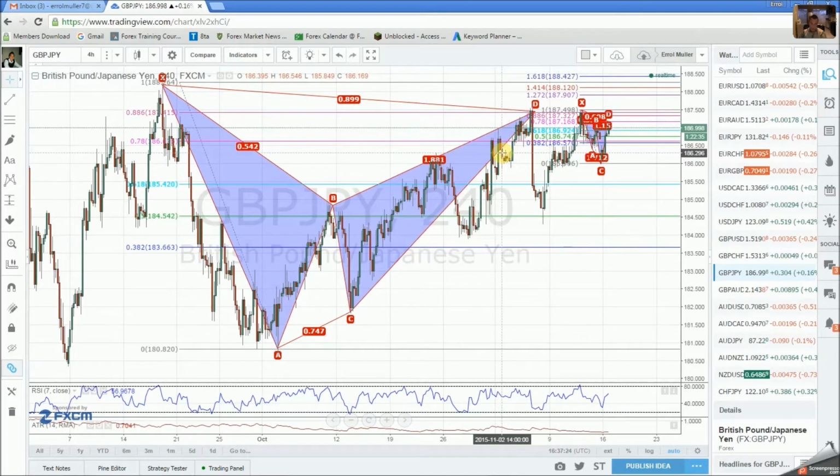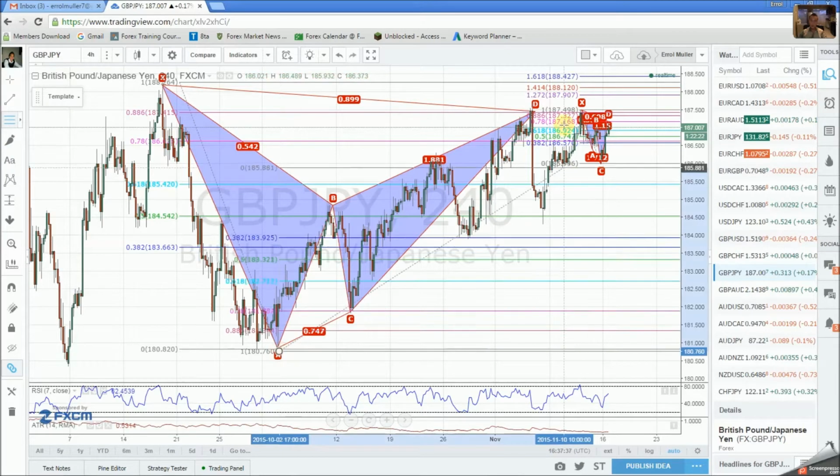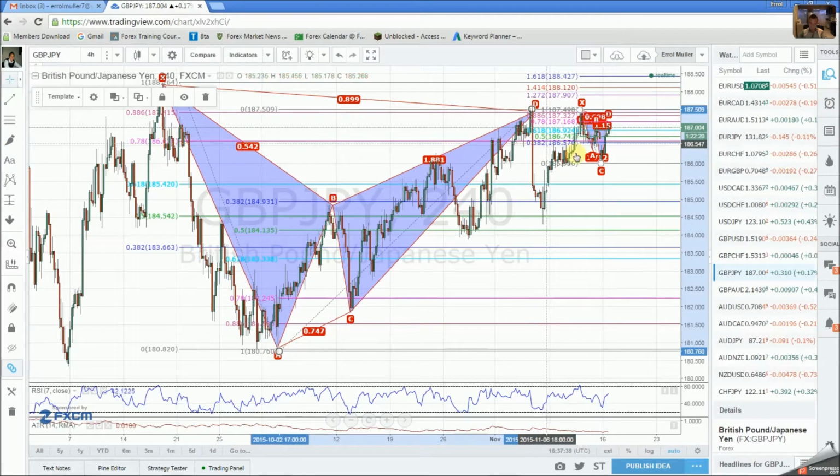So then I said to you guys, for you who are not short, there might be another opportunity with the double top setting up, and we managed to get that double top. So for those of you who are short now, we can look for another 382% retracement for target 1, and then a 618% retracement for target 2.